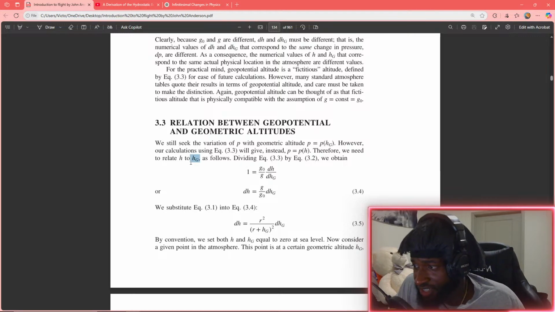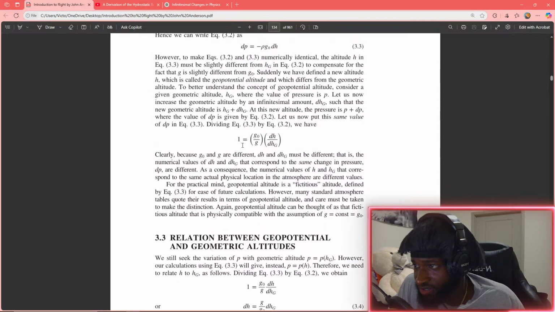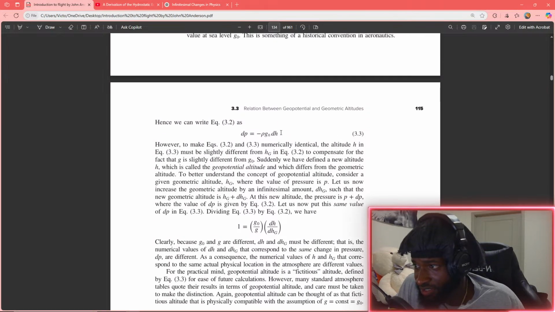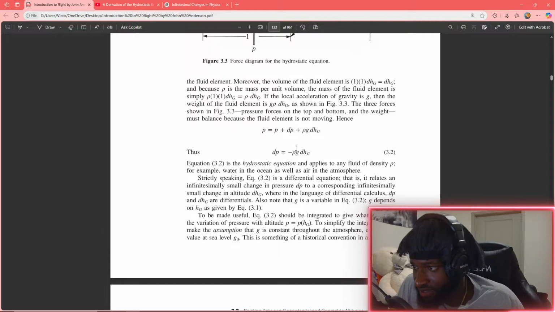Well, h_G, I know. h_G is our geometric altitude. And I'm pretty sure h is our geopotential altitude. Because in equation 3, where's our equation for geopotential altitude? This is our equation for geopotential altitude, essentially, right?